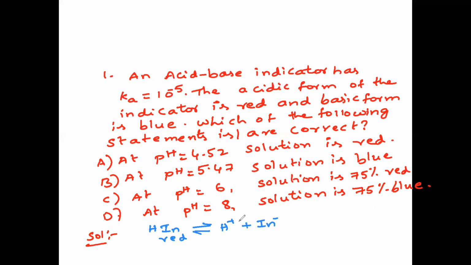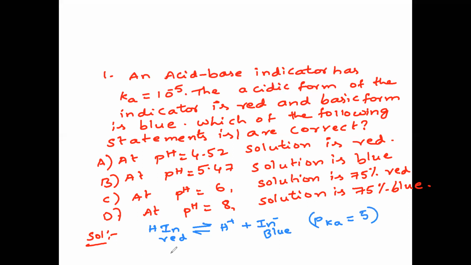We have already seen this in the slides. IN minus is blue color. Since Ka is given, pK becomes 5.